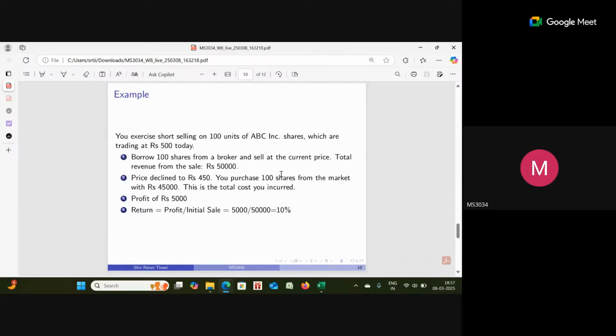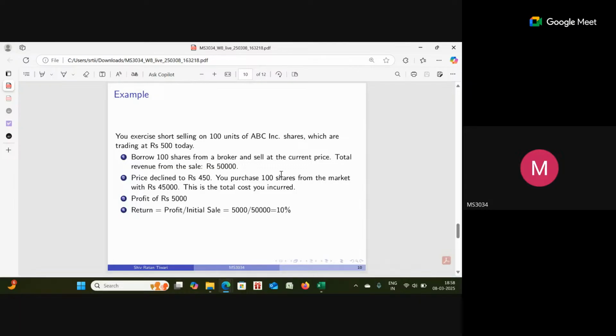So let's suppose you want to short sell 100 units of ABC Inc. shares, which are trading at 500 rupees today. In the first step, you borrowed 100 shares and sold at 500 rupees, so you received 50,000 rupees, correct? After some time, the price went down to 450, and at that price you purchased 100 shares, so you purchased them for 45,000 rupees.